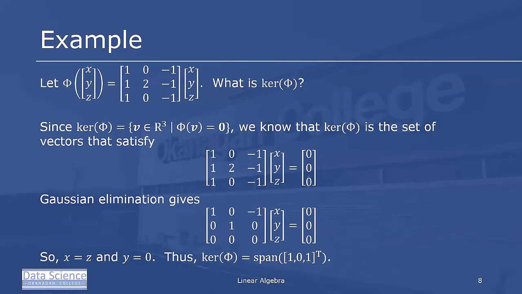So from here, we know that x minus z has to equal 0, and y has to equal 0. So as long as x and z are exactly the same, then we're going to end up with a 0 vector. So the kernel of phi is the span of the vector (1, 0, 1) transpose.